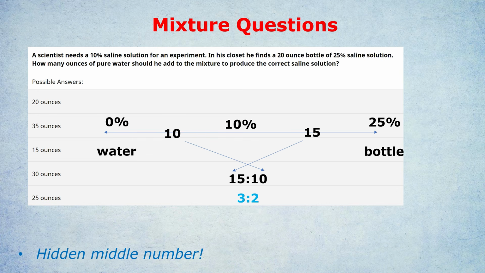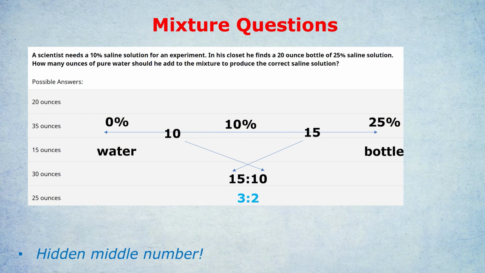But sometimes, like in the last question, we have a total, and so it makes sense to add up the ratio and find a fraction. But here we don't have a total. We just know one more fact about the situation. Can you spot it? We know the fact that it was a 20-ounce bottle of 25% saline solution.